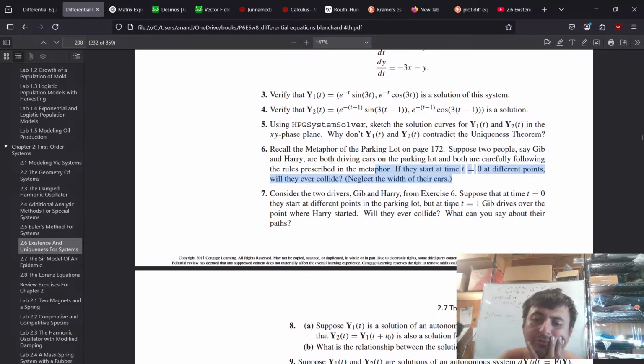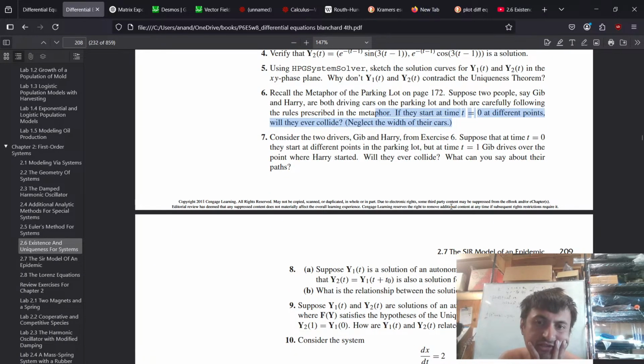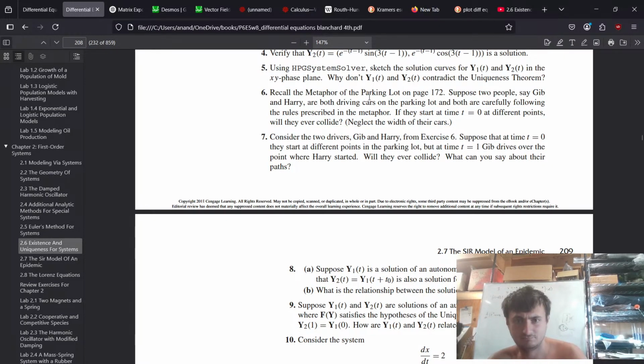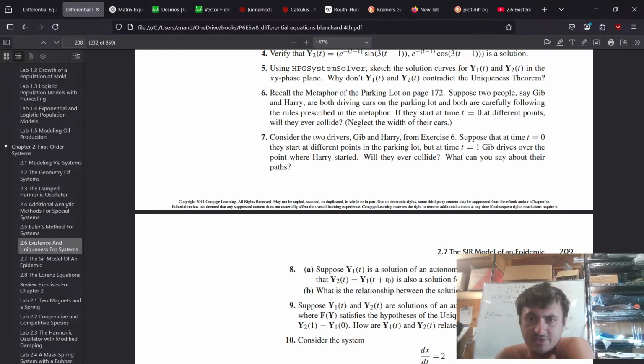They will get crazy close together, though, but they'll never collide, because if they did, then they would have started at the same point. Consider the two drivers given here from the exercise. Suppose that at time t equals 0, they start at different points in the parking lot. Will they ever collide? They will never collide, but they will follow the exact same path.